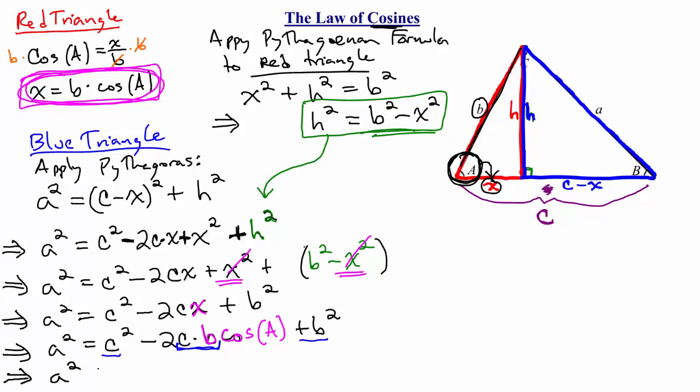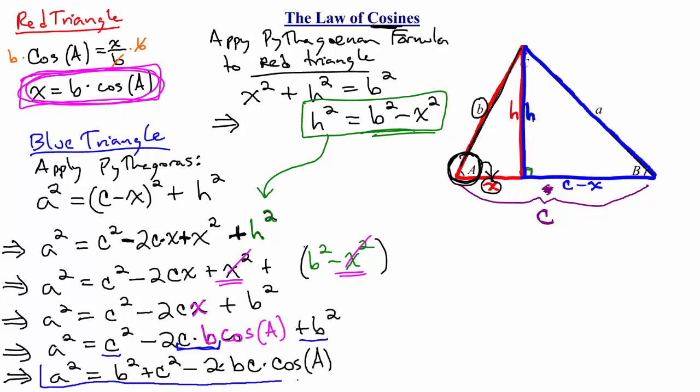And we get a squared equals b squared plus c squared minus twice bc cosine a. And this here is the famous law of cosines.